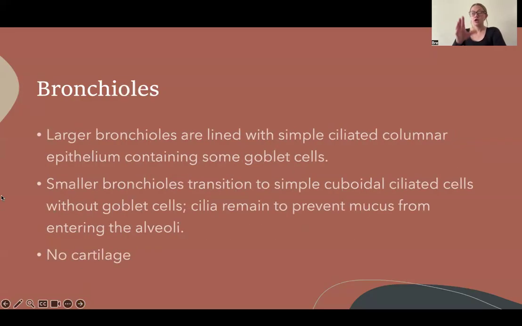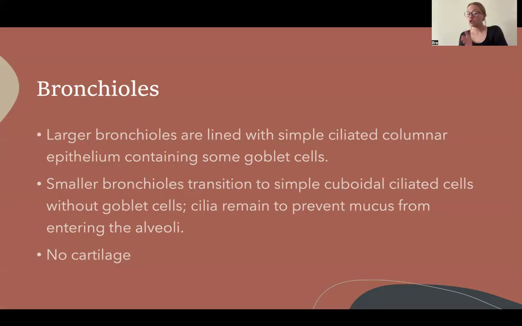Bronchioles. So your bronchi branch and branch, and they're getting smaller every single time. When they get to about 1 millimeter, they're referred to as bronchioles. Now, the larger bronchioles are lined with simple ciliated columnar epithelium, and they still have goblet cells. Simple ciliated columnar epithelium just means it still has the cilia, and it's more rectangular in shape.